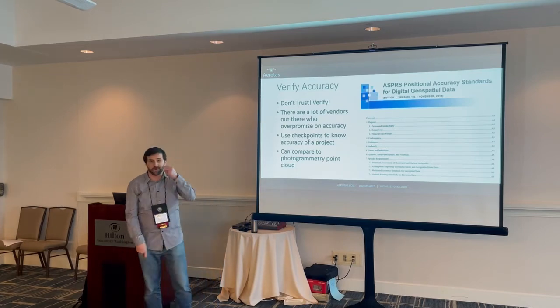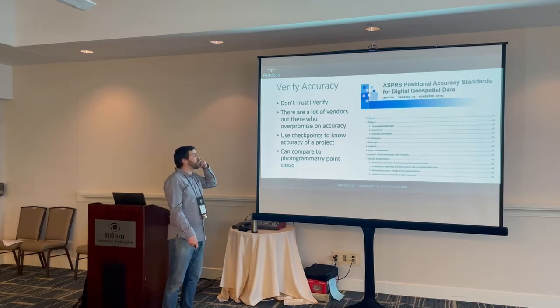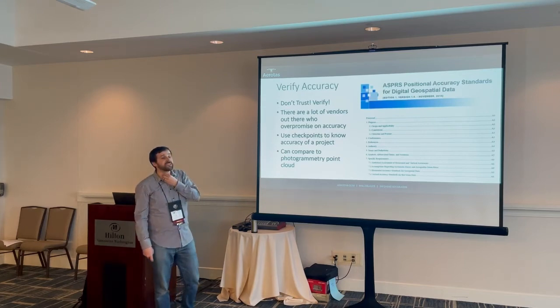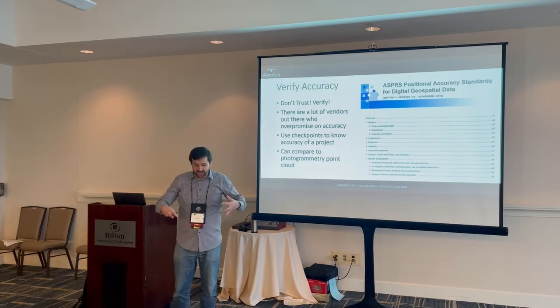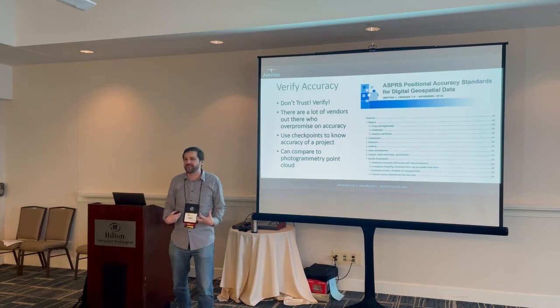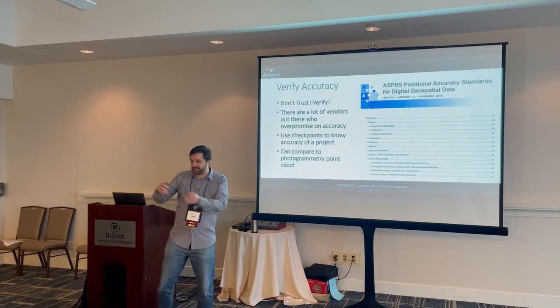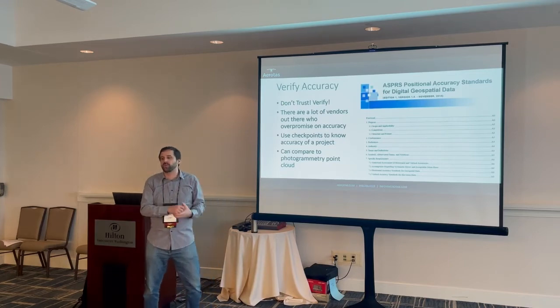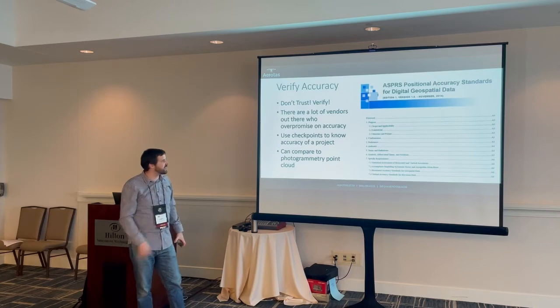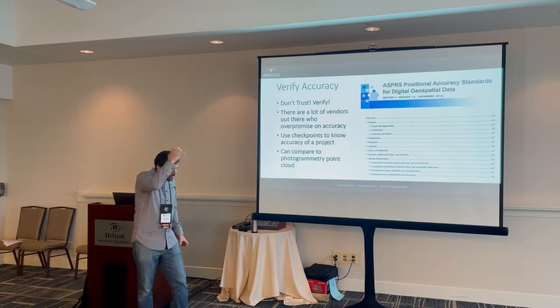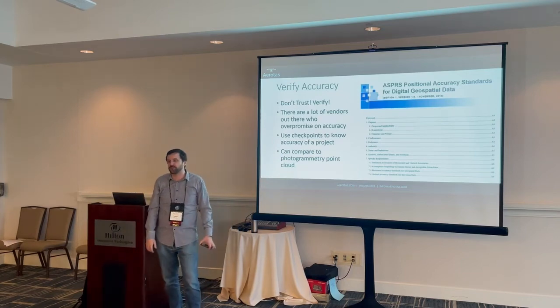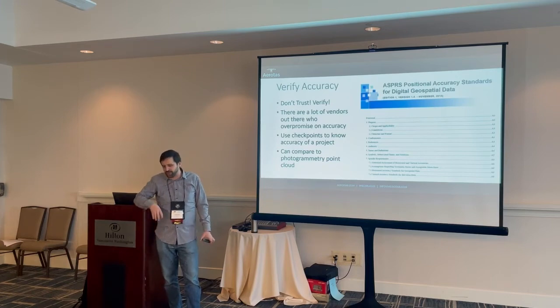Even though it was from 2014, it is very good at how to scientifically and rigorously validate the accuracy of your final product. And this happens at the end stage, right? Once you're done with all of this LiDAR point cloud processing, it basically tells you how good you did after all of these tests, after all of your scan angle things.